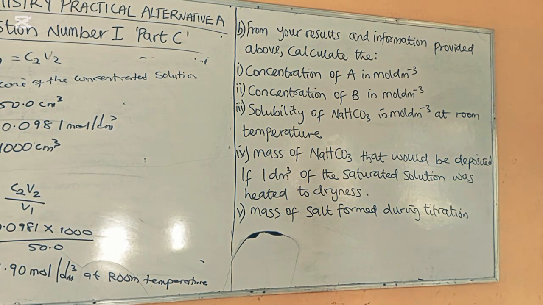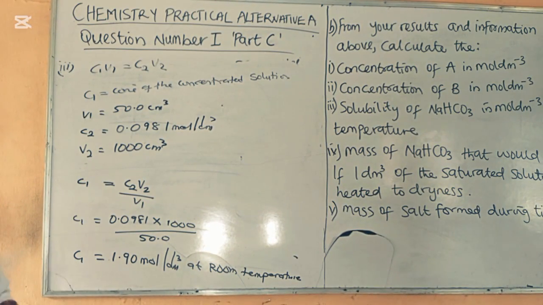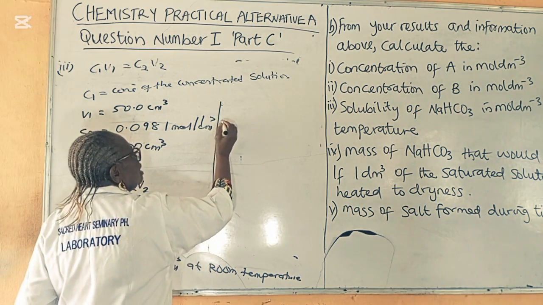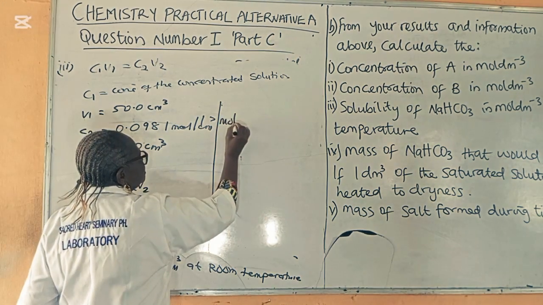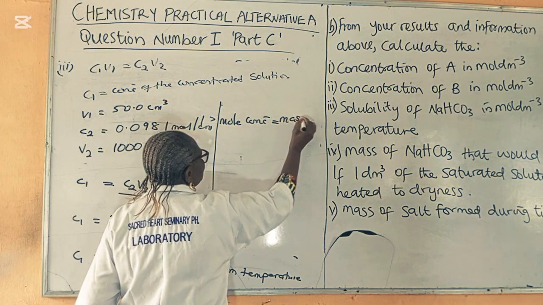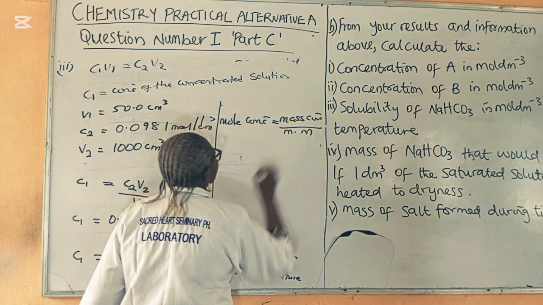This is an indirect way of asking you the solubility in grams per dm cube. So we are using our conversion formula: mole concentration equals mass concentration over molar mass.